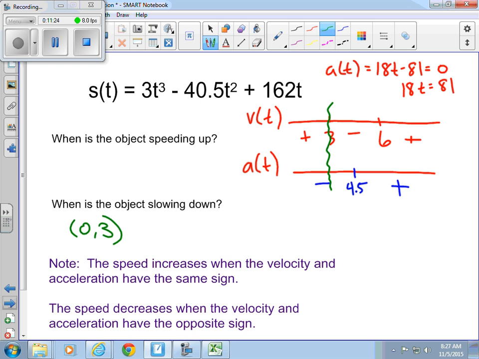So that's where we come to comparing sign charts. Exactly. So if I look at the next interval, what is velocity? They're both negative, so I am speeding up. So what's happening there is my velocity is negative, which means I'm going backwards, right?